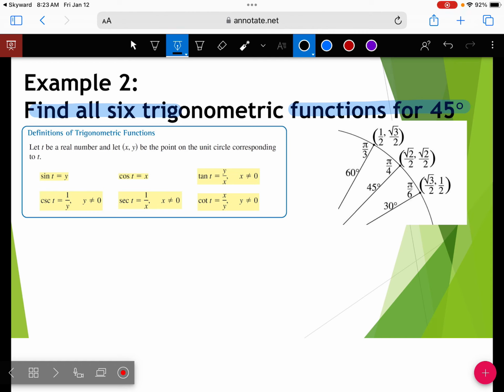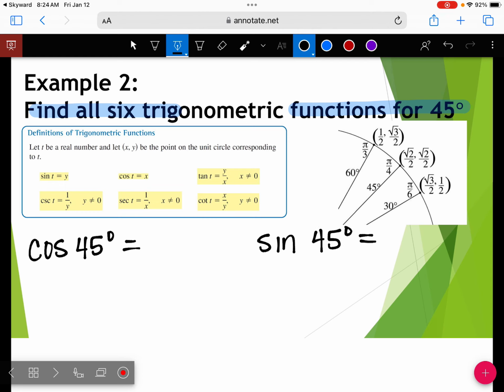Okay, so the 45-degree angles are actually a little bit easier because the tangent and cotangent are easier to find. So let's talk about it. Let's go ahead and find our cosine of 45 degrees. And then we're going to find our sine of 45 degrees.